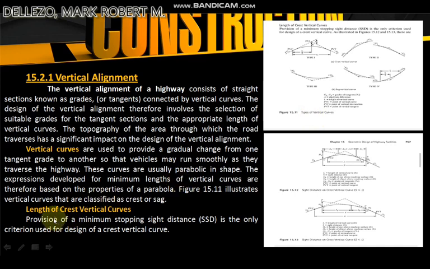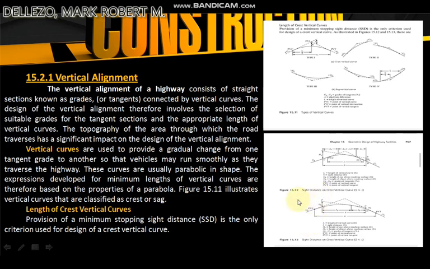For the length of crest vertical curves, the provision of minimum stopping sight distance, or SSD, is the only criterion used for the design of a crest vertical curve. In this part we can see figure 15.11 and figure 15.13.